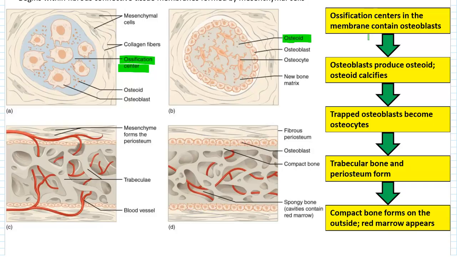The osteoblasts produce osteoid, osteocytes eventually are formed from osteoblasts, new matrix is deposited. So eventually this entire membrane is replaced with a spongy or trabecular bone. The final step is the remodeling of the outer layer of that newly formed bone into a compact one, and the development of the periosteum.